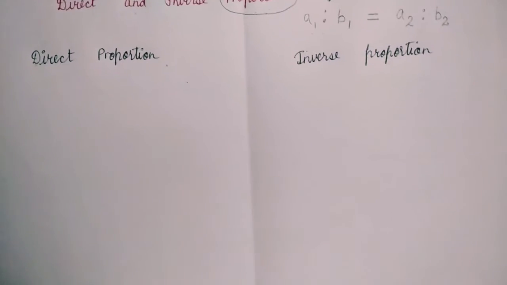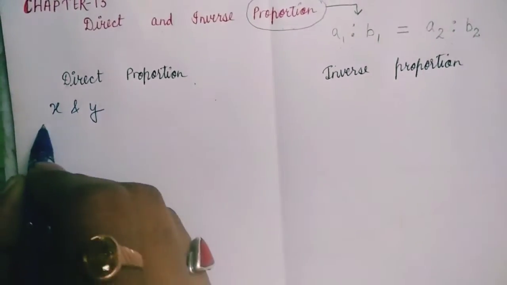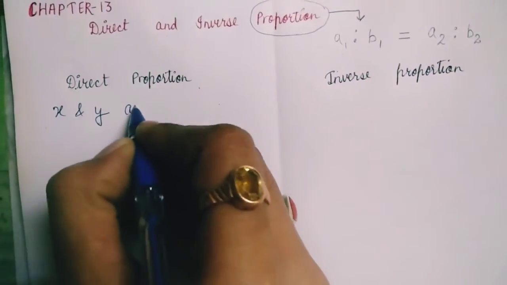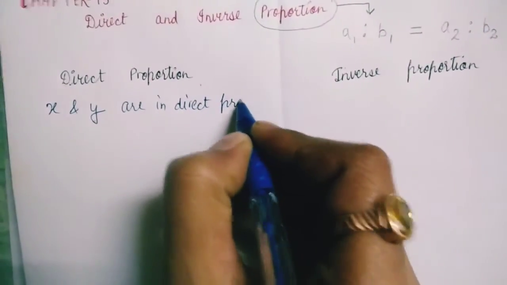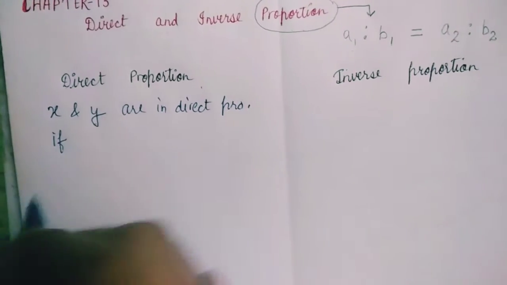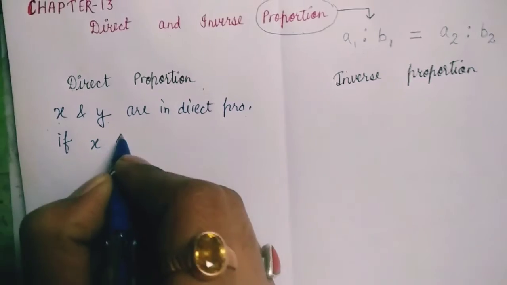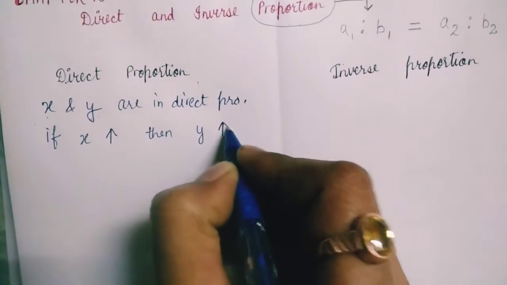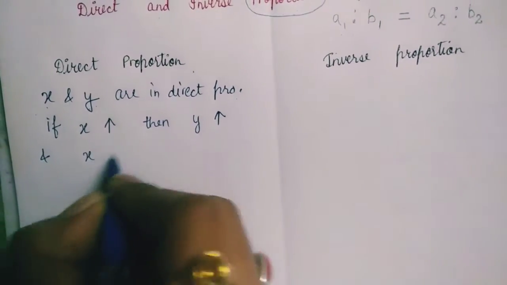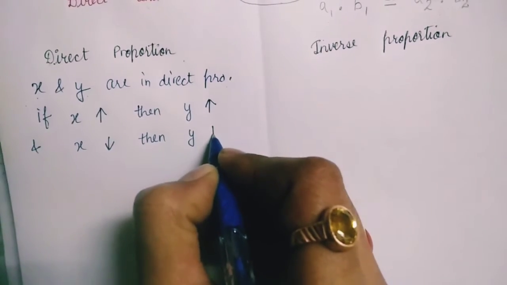It can also be explained in a different way. If x and y are in direct proportion, then if x increases, y also increases, and if x decreases, then y also decreases.